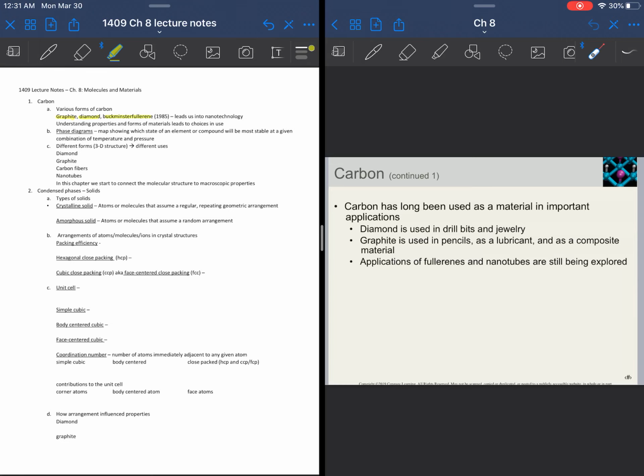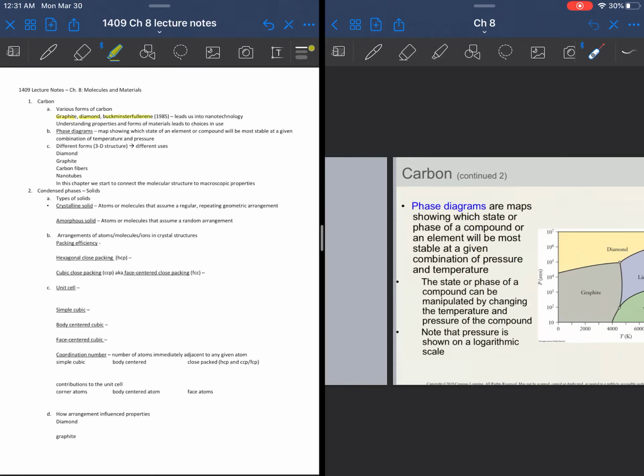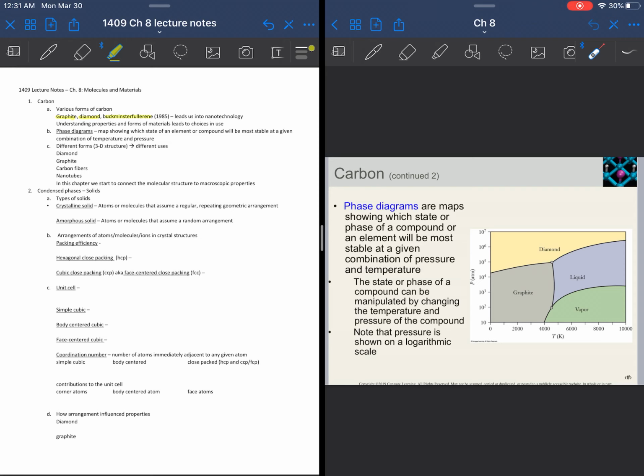All right, so let's think a little bit more about these different forms of carbon. Phase diagrams can be useful in studying the different types of structures that are seen. Phase diagrams are typically going to show pressure versus temperature, and then you will get some information usually about the state: solid, liquid, gas.